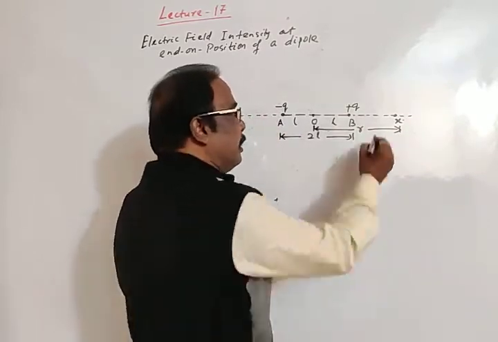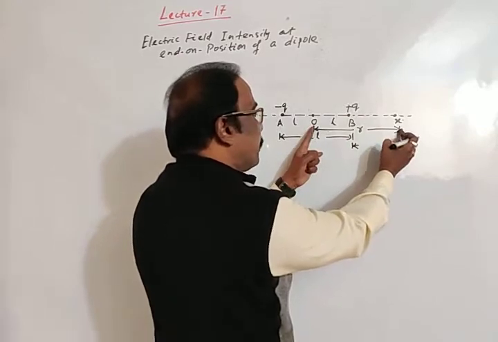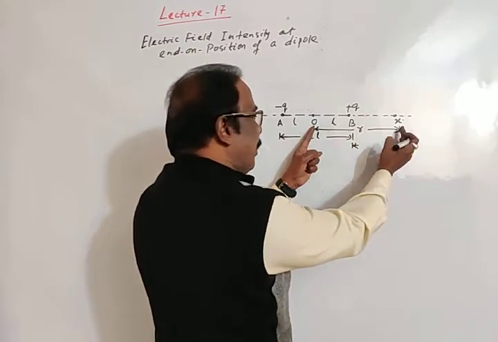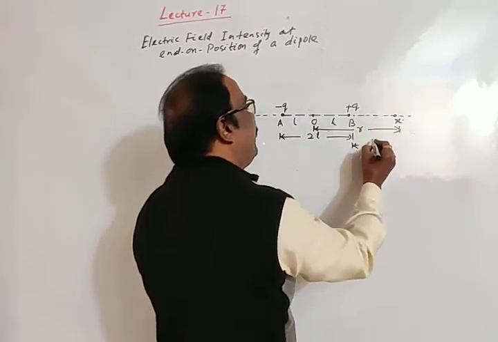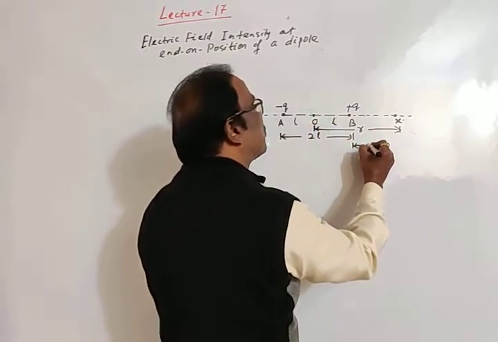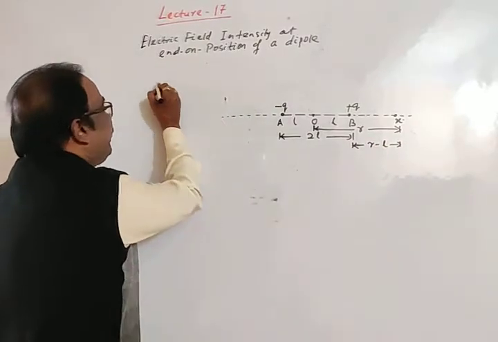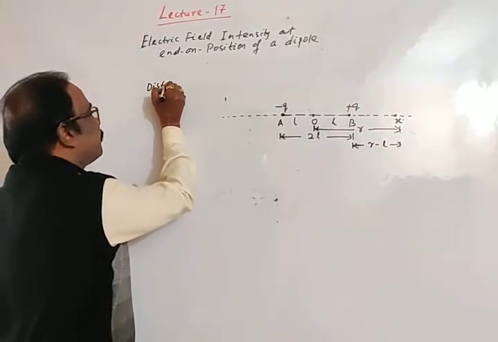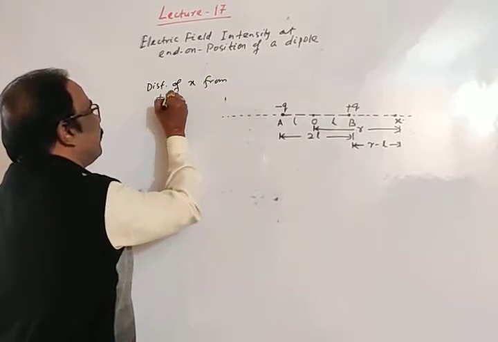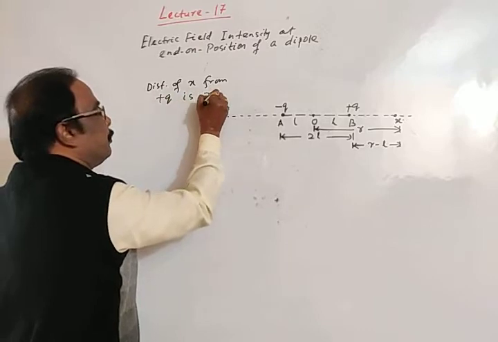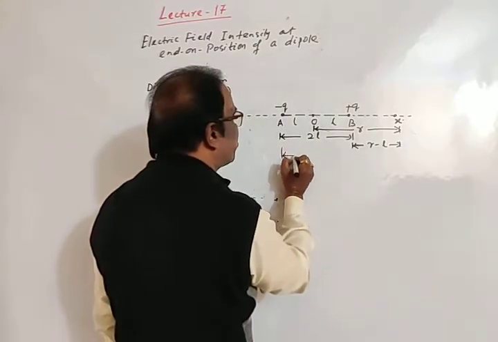The total distance from center to point x is r, and the distance from O to B is L. So the distance from B to X is r minus L. So I write here: distance of x from plus q is r minus L, and similarly distance of x from minus q.